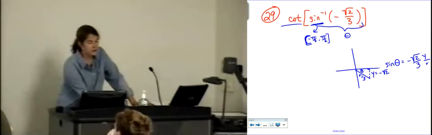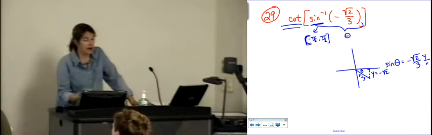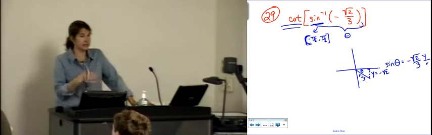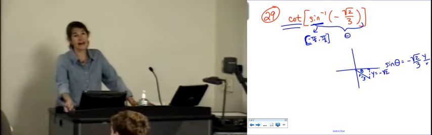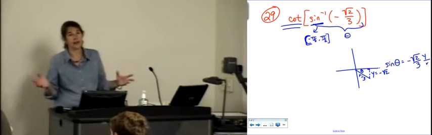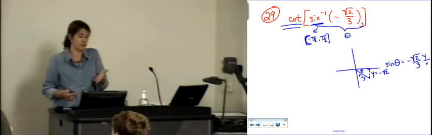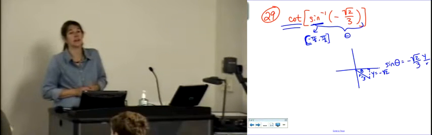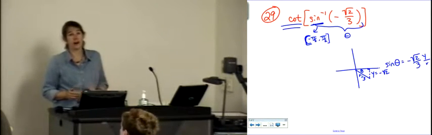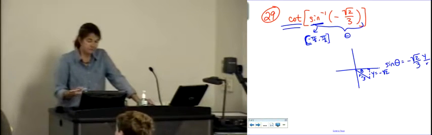And what I want, though, is the cotangent of that angle, the angle that has that sine. So we've drawn just some general angle that has negative square root of 2 over 3 for its sine, and we want the cotangent of that angle.